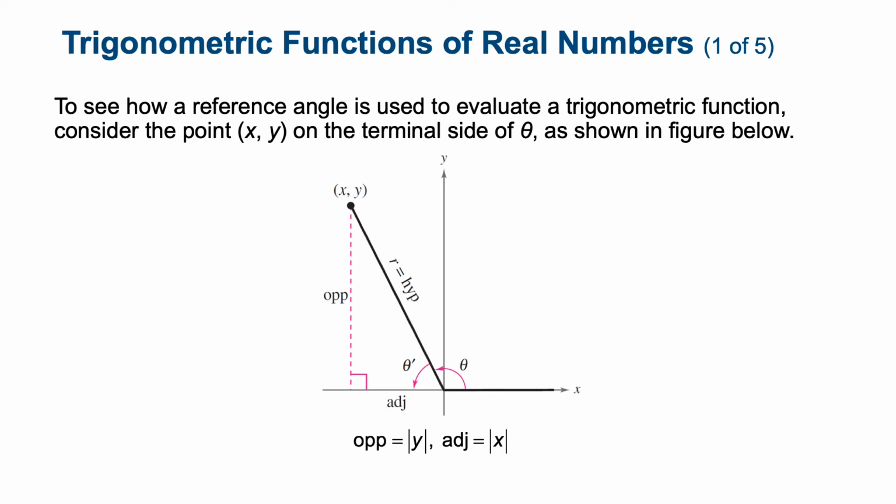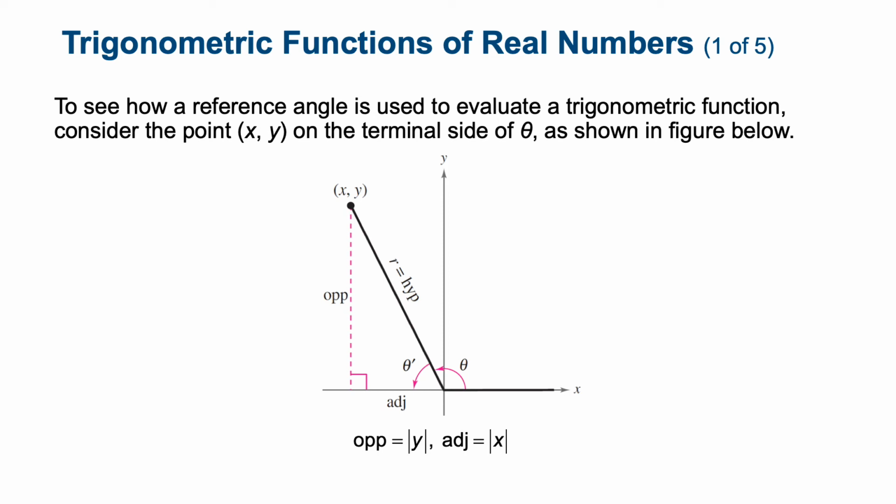Notice that r is the hypotenuse. I can imagine a right triangle. If I drop a perpendicular line from the point (x, y) to the x-axis, I have here theta prime. The opposite side of theta prime is really just the distance y, so the absolute value of y. That's why we say absolute value of y.